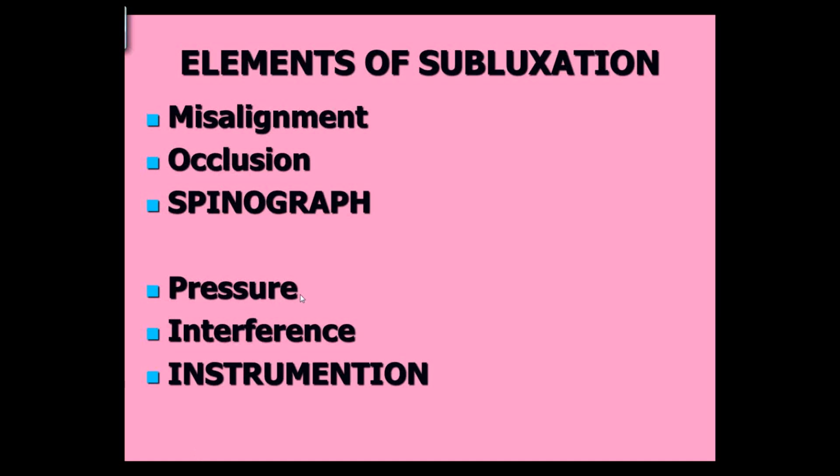So as we see, we have the misalignment and the occlusion by spinograph, and then we have pressure and interference that we find from the instrument, and this is what we're going to be dealing with right now.